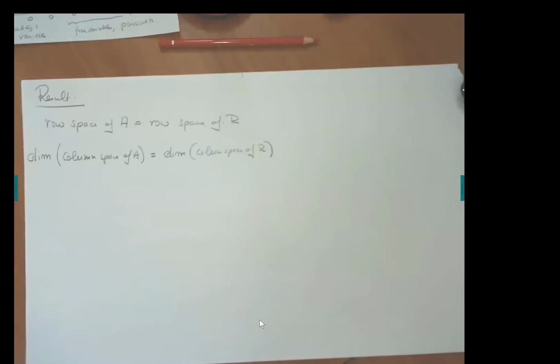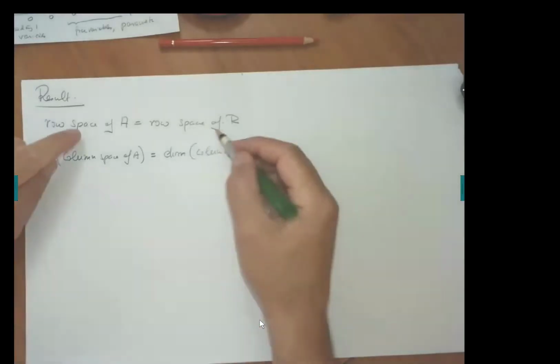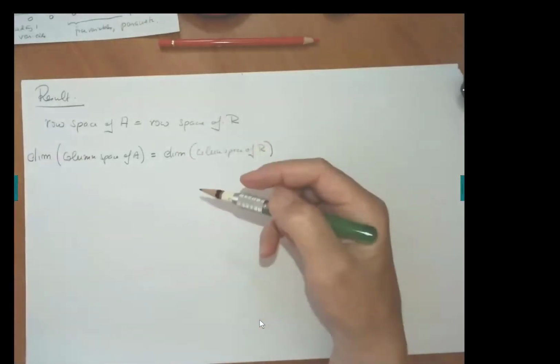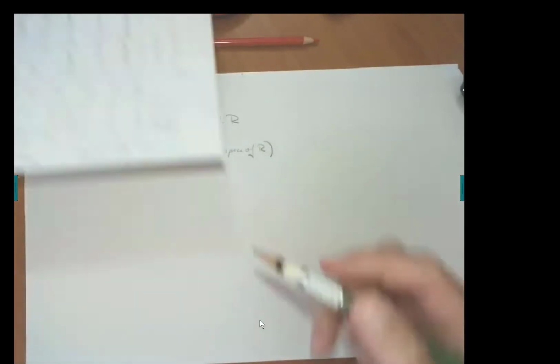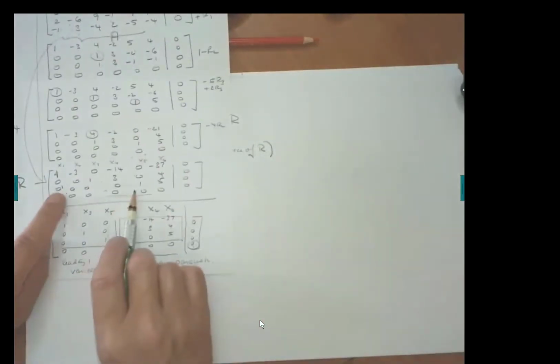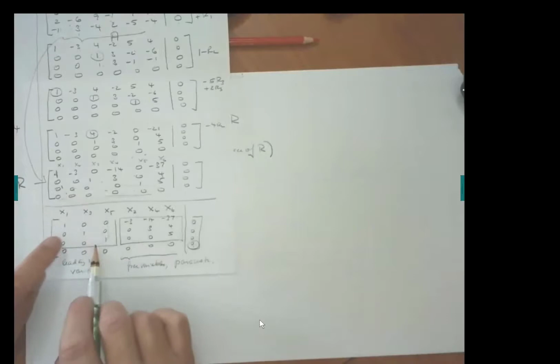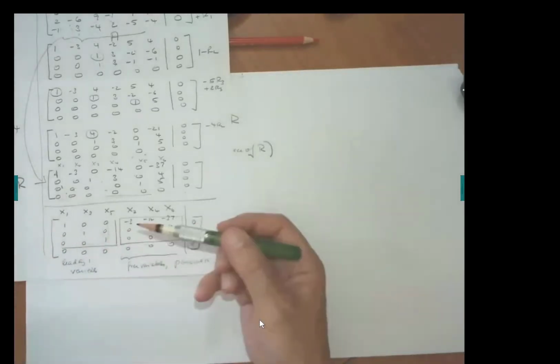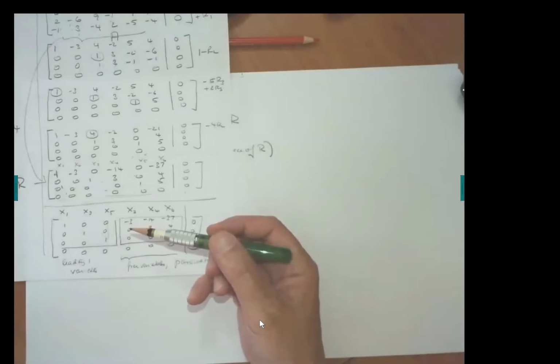Okay, now we have this. Now we go back to our matrix R. Keep in mind, this is R. The only change here is that I reordered the columns. And here it's now much easier to see. What is the dimension of the column space of R?